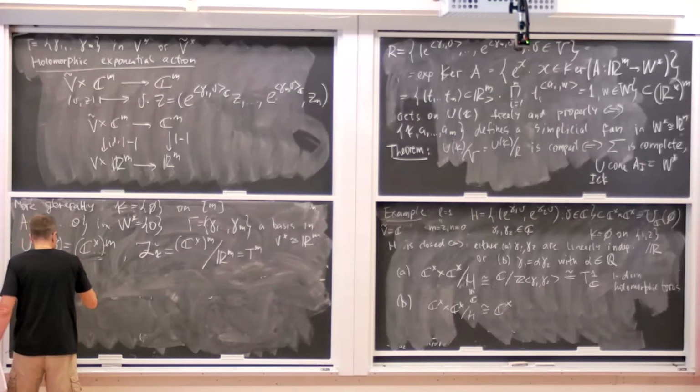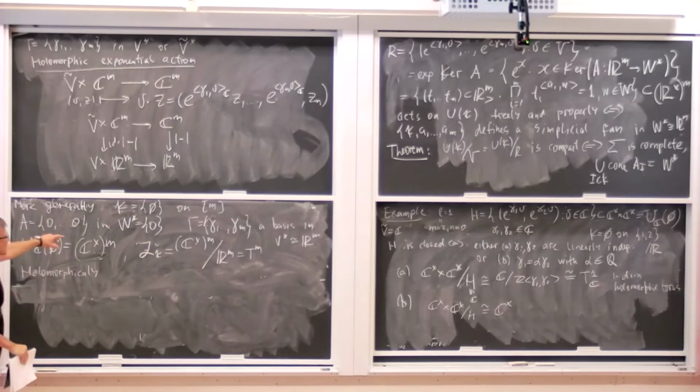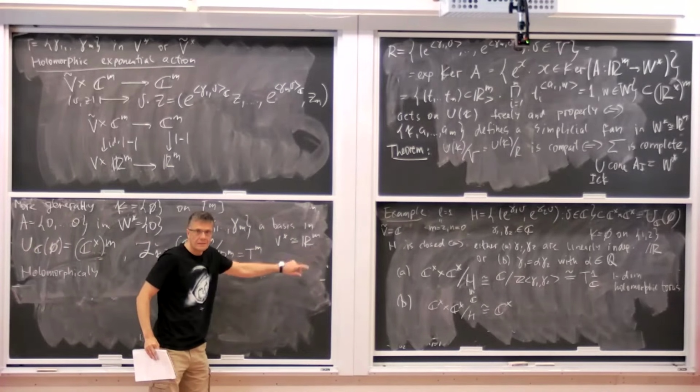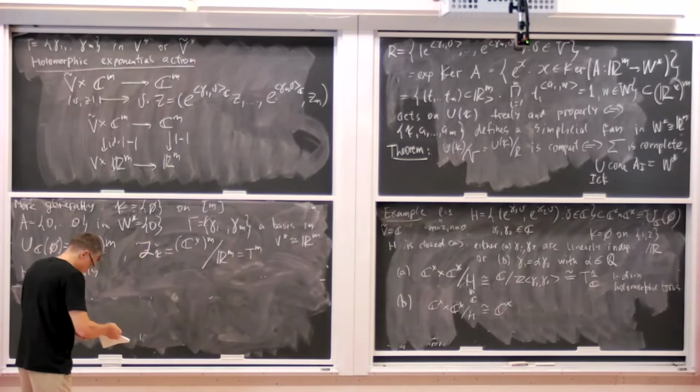Holomorphically, you're making a choice here. You choose a complex structure on this space, provided that M is even dimensional.